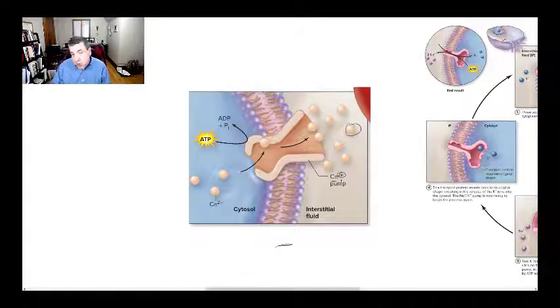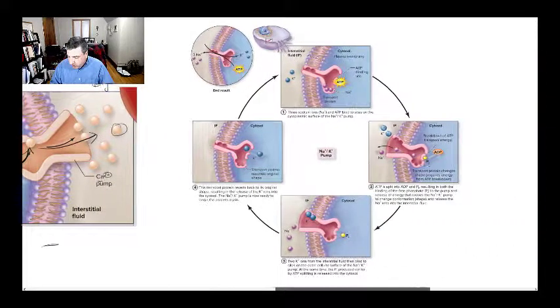The +2, think about what that +2 means. See if you can figure that one out. Basically, we have high concentration on this side, we have low concentration on this side, but the calcium is going into this pump and it's being pumped out, okay? But it's using ATP, okay? So this is a basic pump.